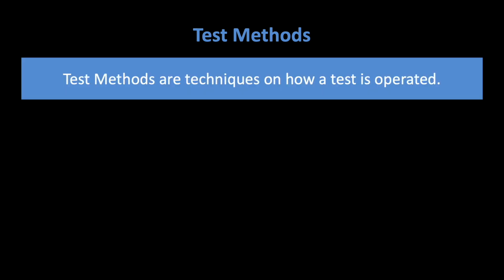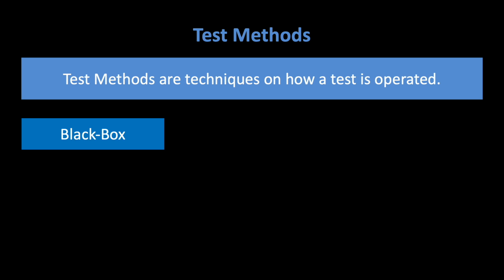Then test methods are techniques on how a test is operated. Test methods and test techniques as terms can be used in the same or a similar way. So here I'm using test methods.